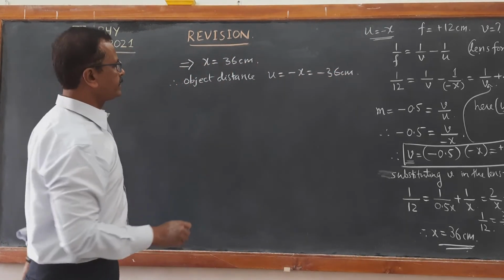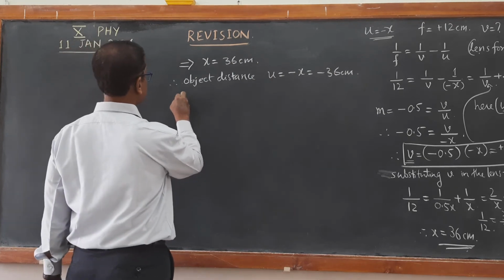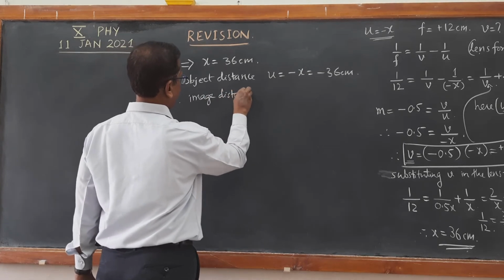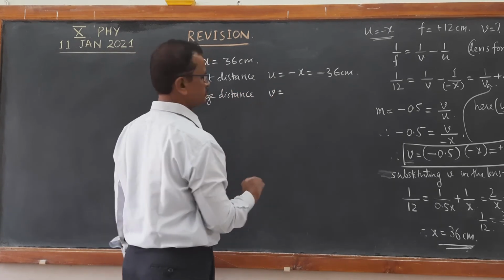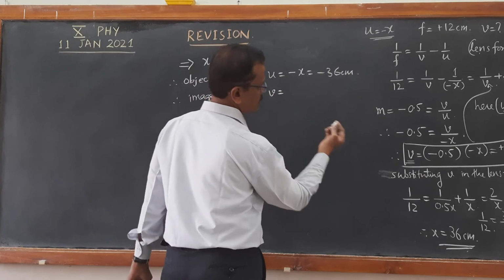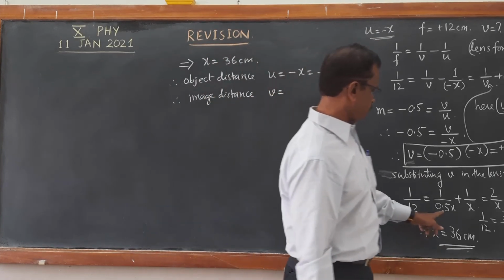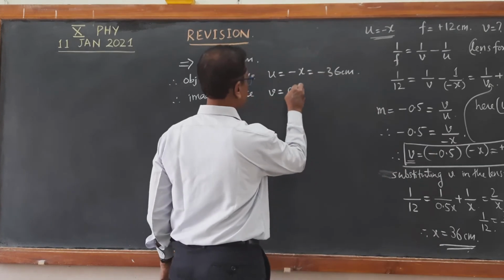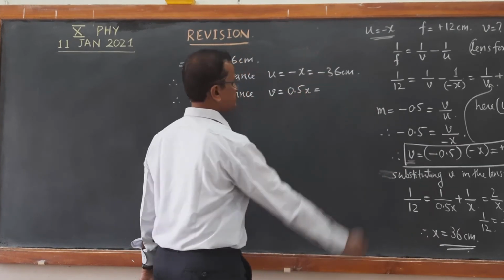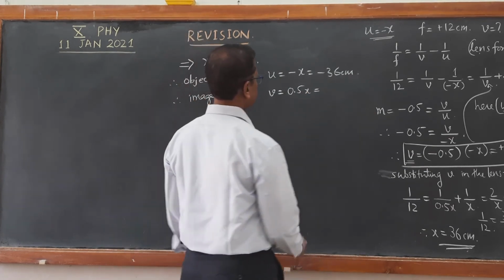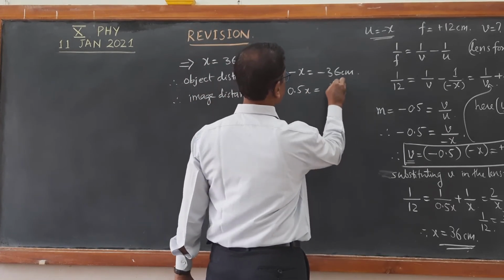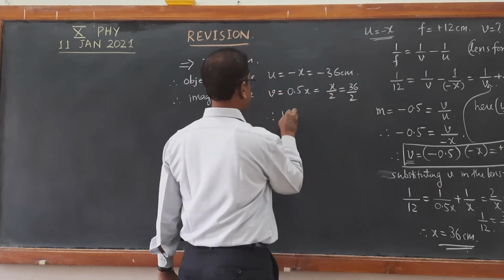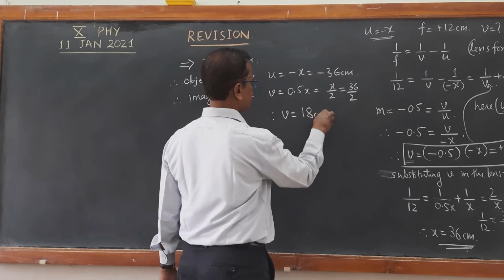Then we can very easily calculate the image distance. Image distance v is equal to 0.5x, that is half of x, x by 2, so that becomes 36 by 2, therefore image distance is equal to 18 centimeter.